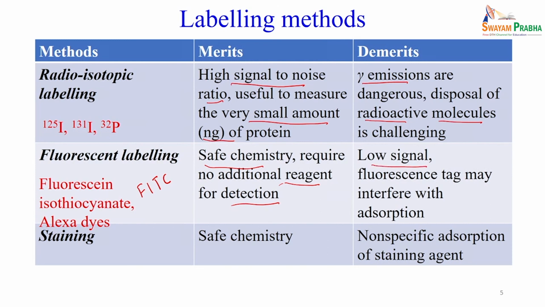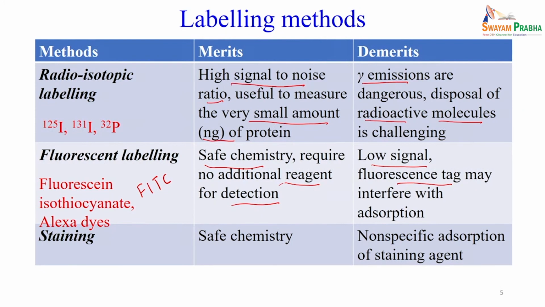The demerit is it is having a low signal, and if you are doing the tagging, adding a fluorescent molecule to the protein, it may interfere with the adsorption process, because this particular fluorescent molecule will also have certain chemistry which can interfere with either intramolecular interaction or the intermolecular interactions or the protein surface interaction.